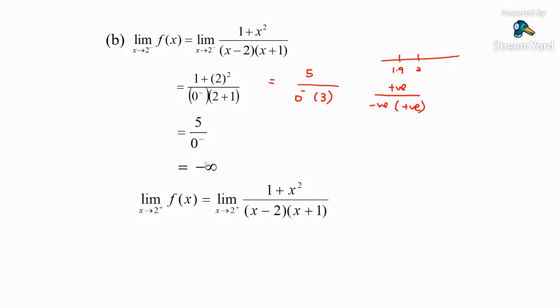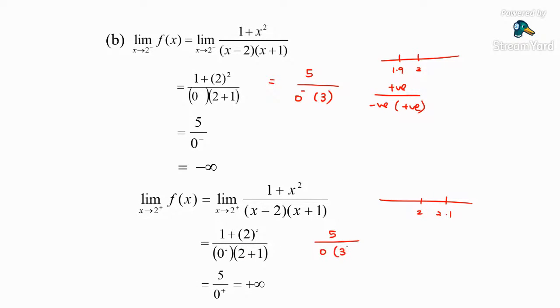The other one, (1 + x²) / ((x − 2)(x + 1)), substitute x with 2, and then 5 over 0, this is definitely infinity. Okay, so we got 2 on the right hand side of 2, this is 2.1. So you substitute, what you have here is 5 over 0 multiplied with 3.